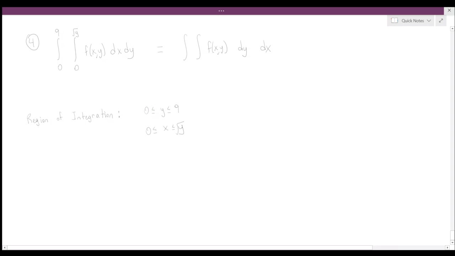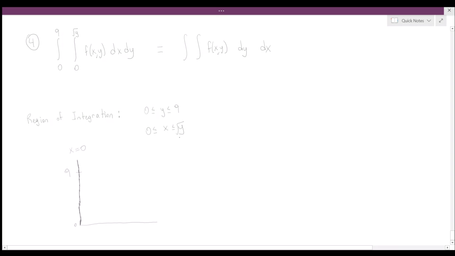So we want to try to sketch this in a picture. So I'm going to start with y being between 0 and 9, which let's just say is somewhere up here. So x starts at 0. Okay, so x equals 0. That's going to be everything along the y-axis.